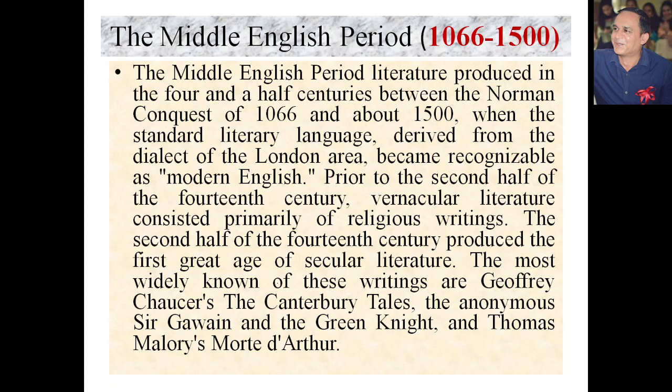At that time, England did not have a unified linguistic identity. Different dialects were spoken in different parts of England: Northumbrian, Southern, another dialect, then East and West Midland dialects. So England did not have a standard literary language.